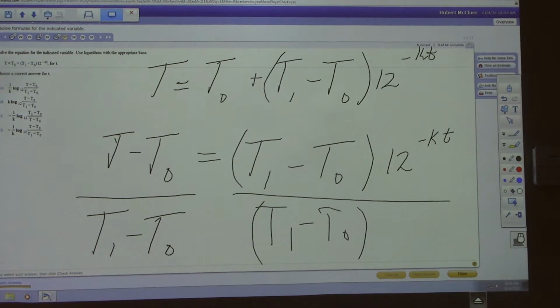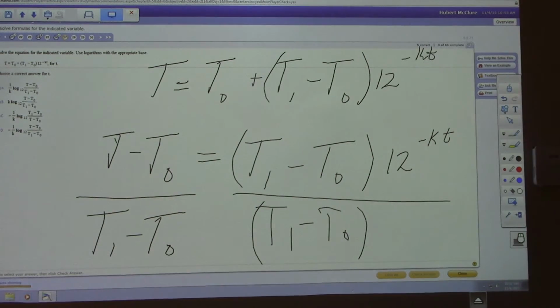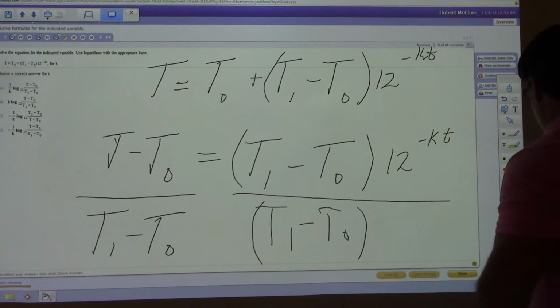And that's going to leave you with T minus T sub 0 over T sub 1 minus T sub 0 is equal to 12 to the negative kt power. And I think you can use the definition of logarithm there. Try it. Because I'm going to erase all this.